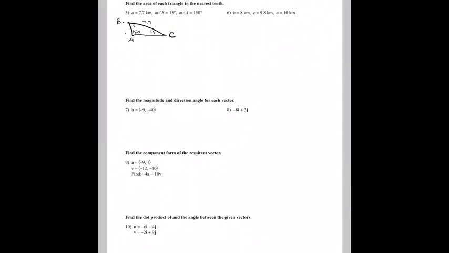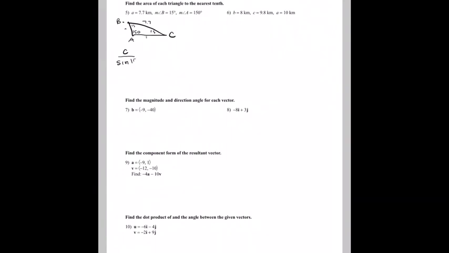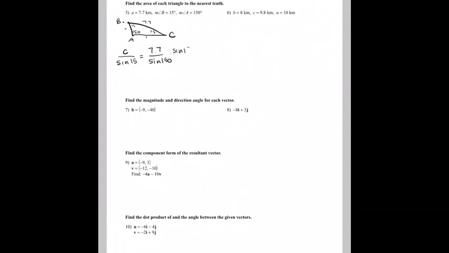At this point, we can find either of the two sides. It doesn't matter. We could either find side C or side B. Just because I started with side C, I'm going to stick with it. So side C over sine of angle C is the length of A over the sine of angle A. Multiply both sides by the sine of 15.